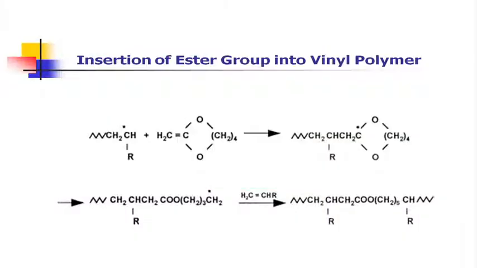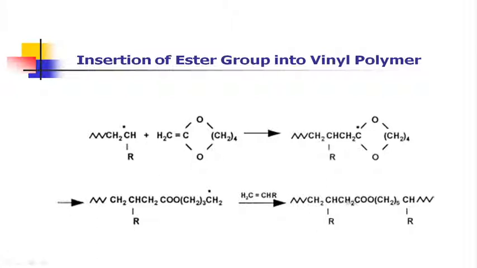Here is a reaction scheme which is basically insertion of some ester group into a vinyl polymer like this. Here you see some ester group has been inserted in a vinyl polymer, and this vinyl polymer being hydrocarbon in nature has only a carbon-carbon backbone chain.